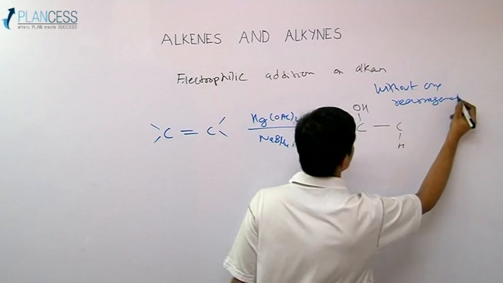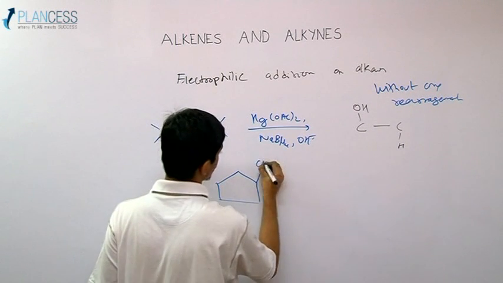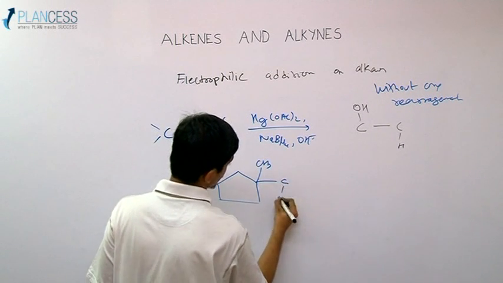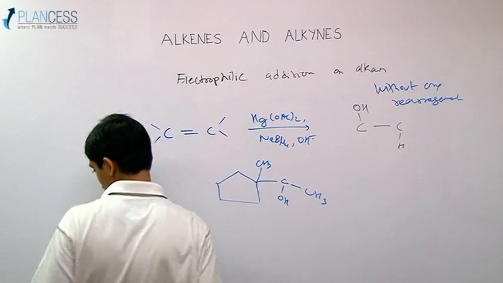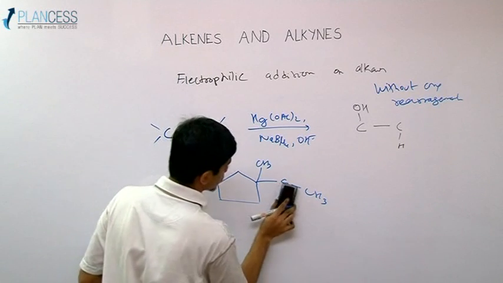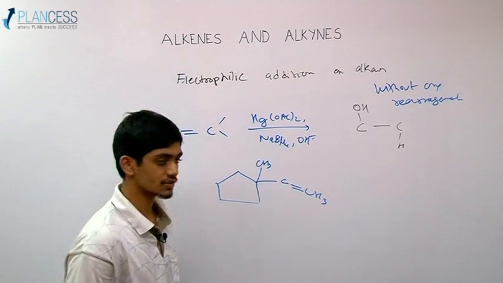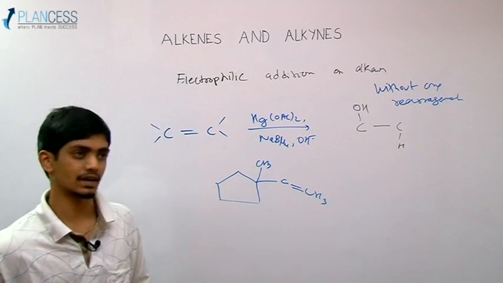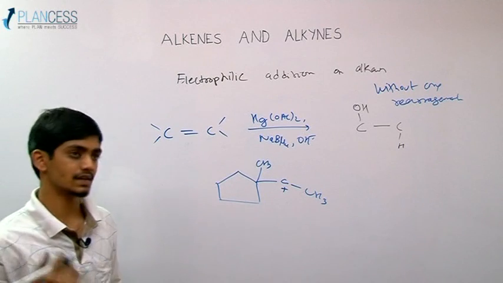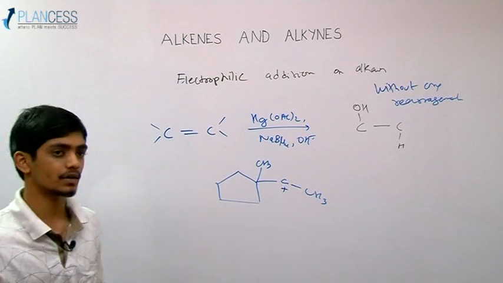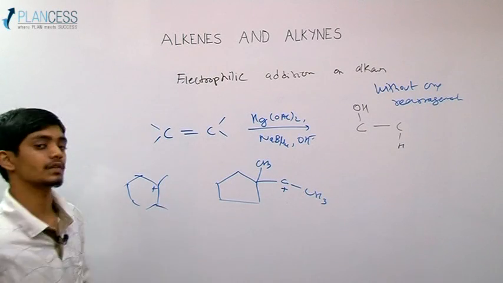That is, if you have that earlier cyclopentane molecule with this CH3 with alcohol and this CH3, then here if you take this alkene and go for normal acid catalyzed, electrophilic addition, you will get a carbocation here and again the same rearrangements will take place, that whole ring expansion will happen and you will get some structure like a carbocation here and one CH3 here and one CH3 here.